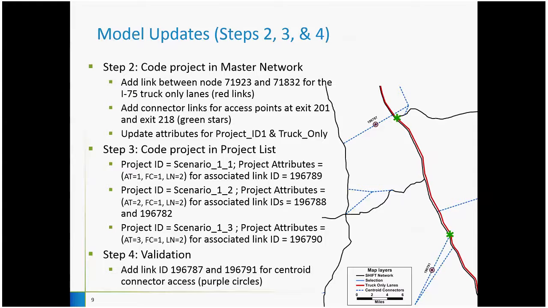So of course that means coding in the I-75 truck-only lane, which is the red link shown in this image, and it's parallel to I-75, and then adding access points. And those access points are centroid connectors to the actual highway link. And there are connectors between I-75 and I-75 truck only.